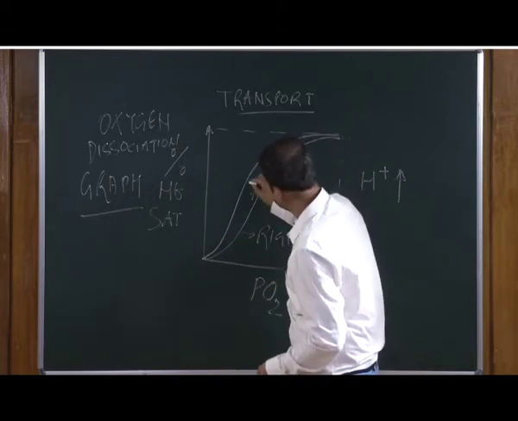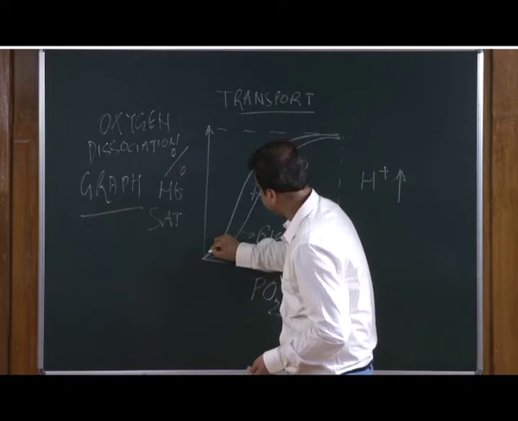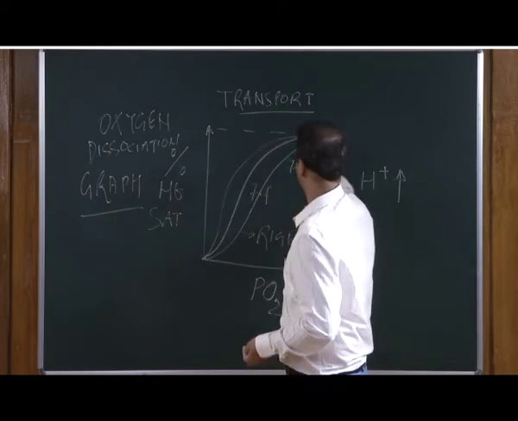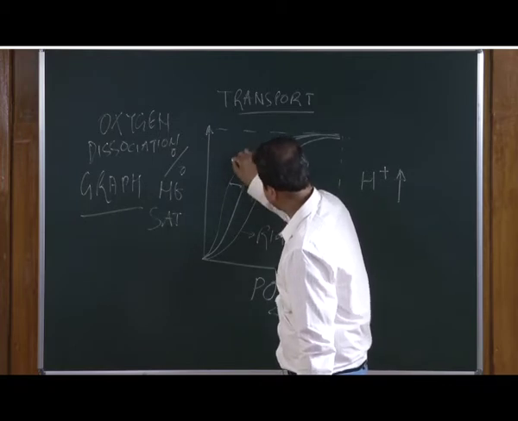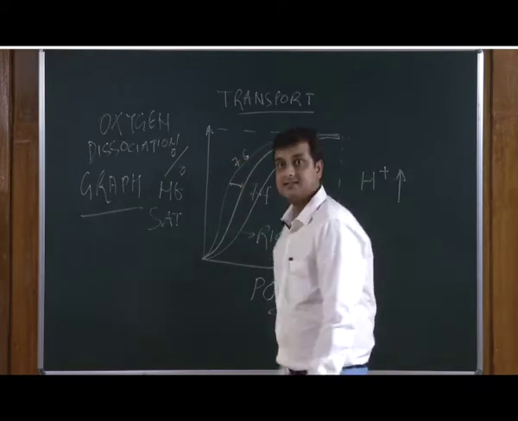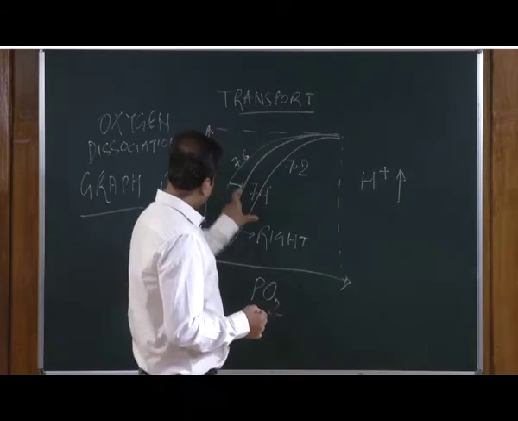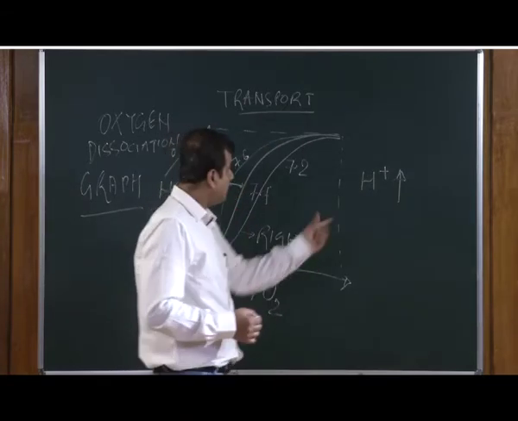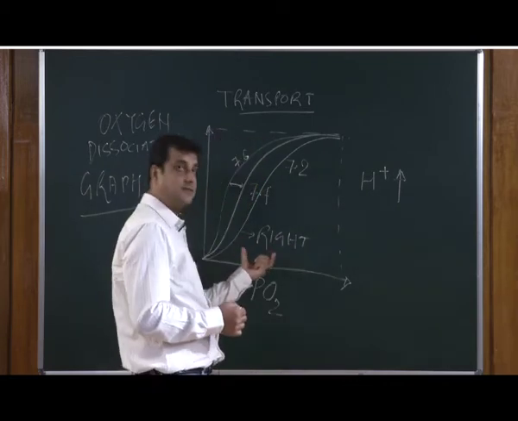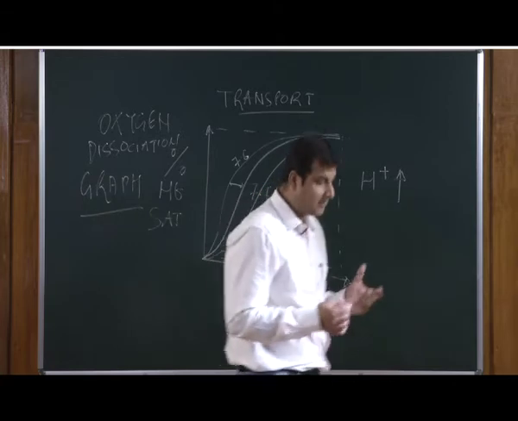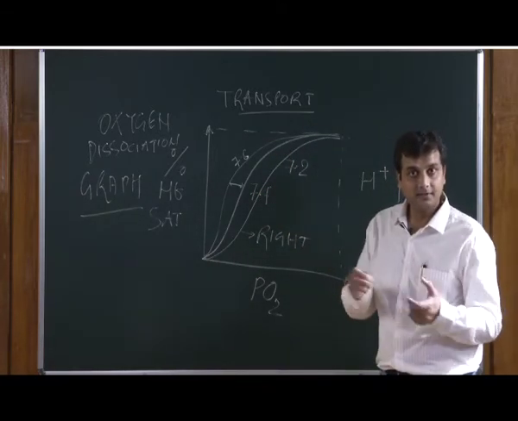If the pH increases to about 7.6, the whole graph shifts towards the left side. So, this shift is depending upon the H plus ion concentration, and this phenomenon is very important in order to understand the actual oxygen carrying capacity in the lung.